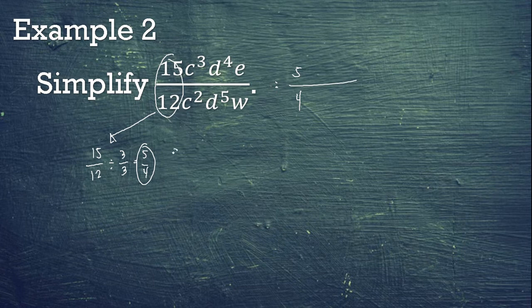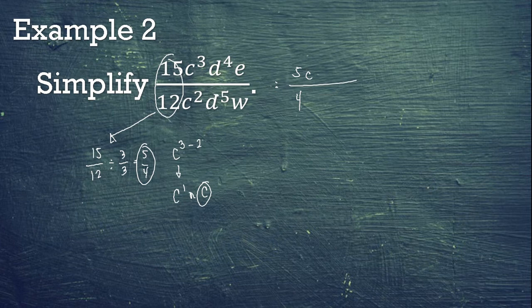So here, we will just simply subtract 3 and 2. So 3 minus 2 is equal to 1. So this will become c raised to 1 or simply c. So we will write c in the numerator here because the exponent is positive.